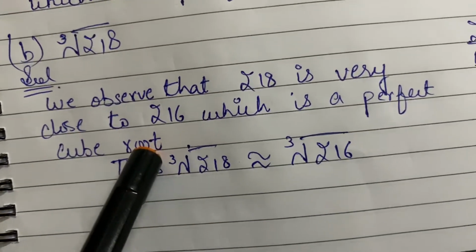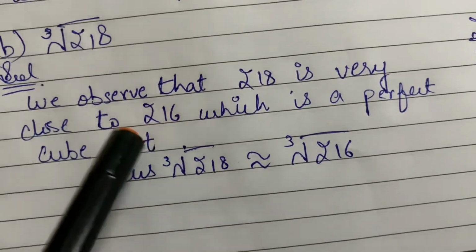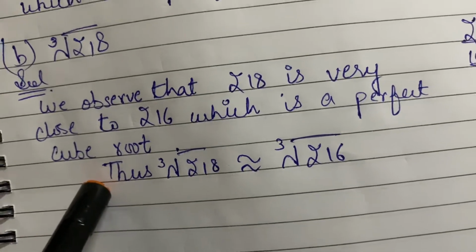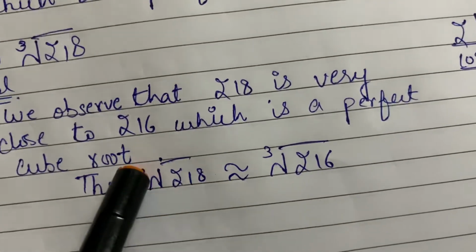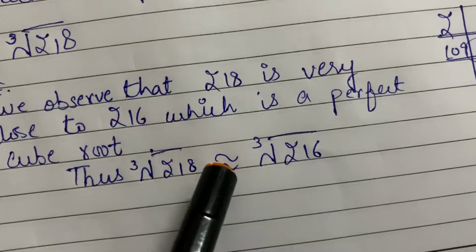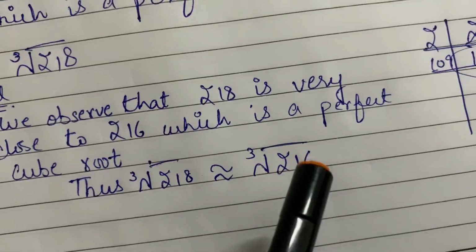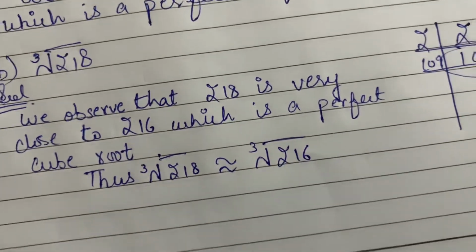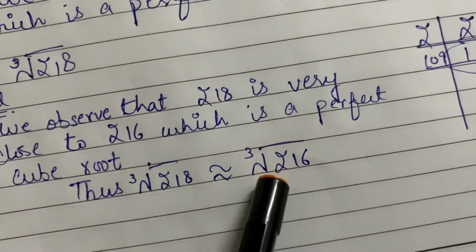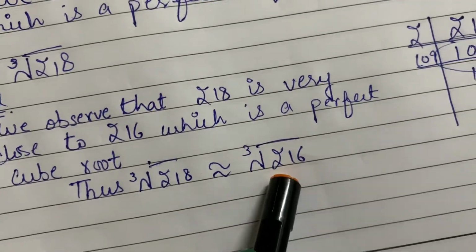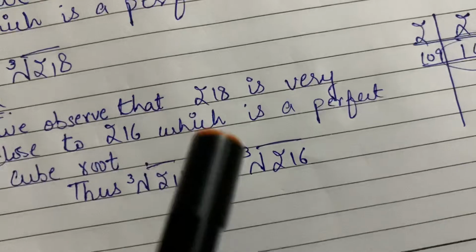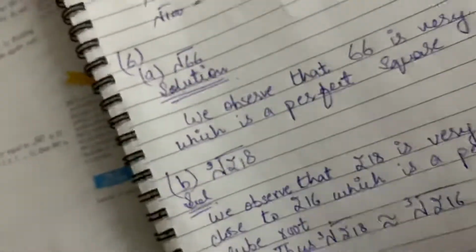All right, 216 is a perfect cube. Thus, cube root of 218 is approximately equal to cube root of 216. Okay, next you will find the prime factorization of 216. Then you will write those factors in the form of cubes.